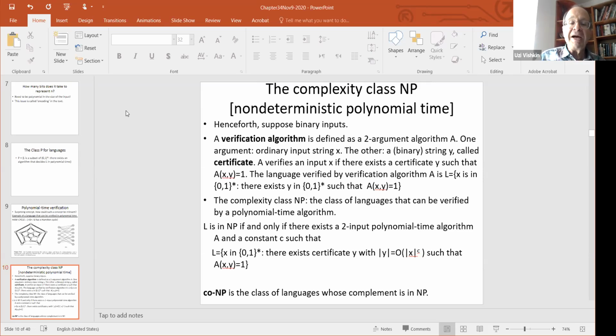For now, this whole notion of non-determinism is completely unclear to you, but in terms of just an acronym, NP means non-deterministic polynomial. So the N comes from here, the P comes from here. For now, it's no more than a name. After I define the class NP, the name will hopefully become clear.